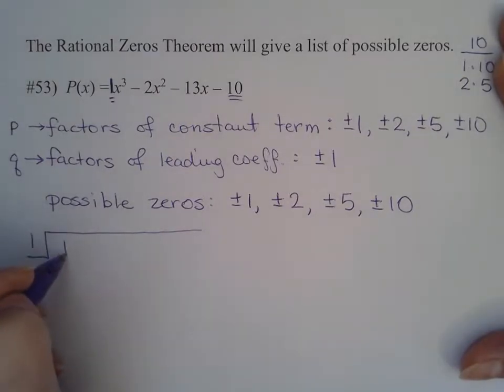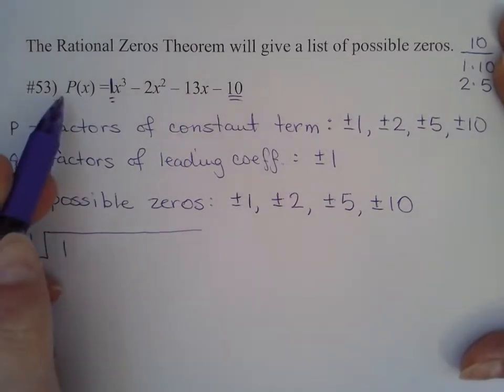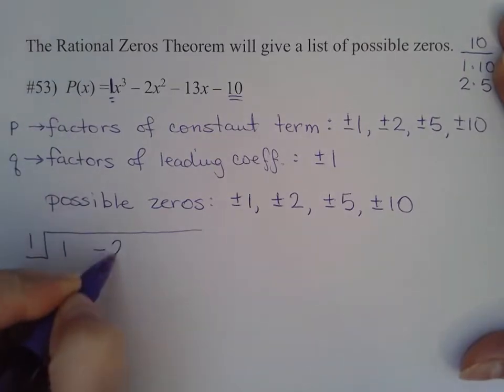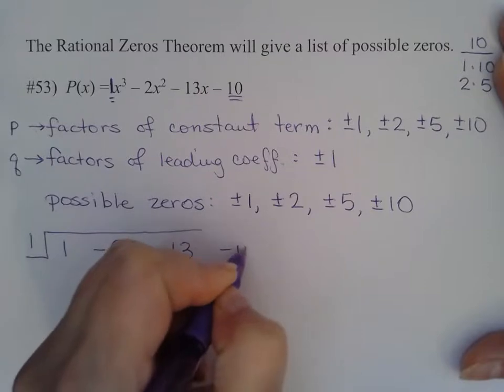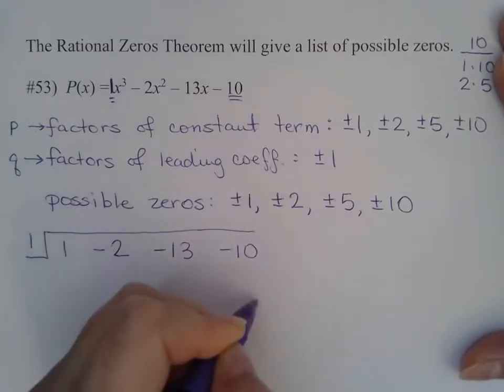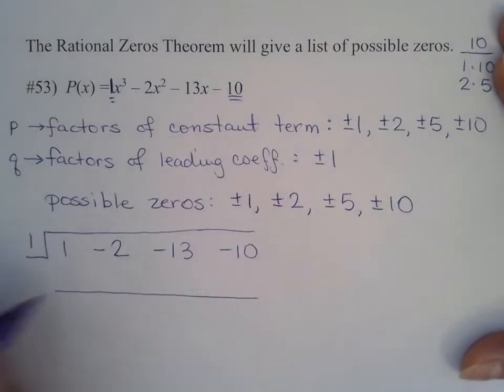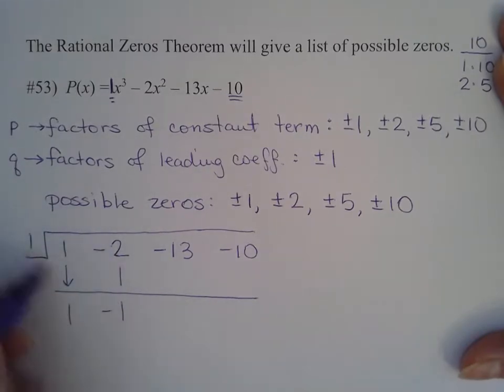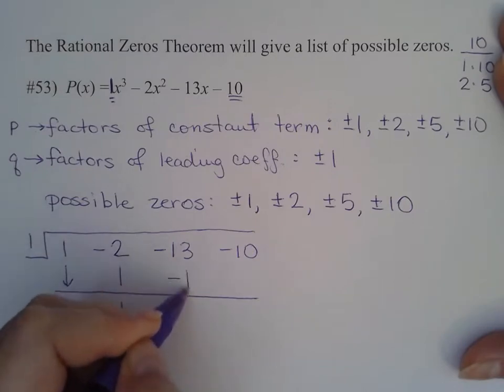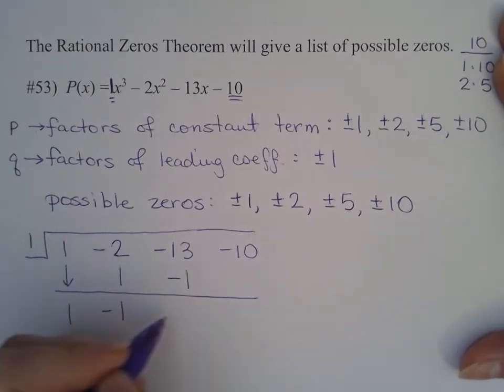The coefficients for our polynomial are 1, -2, -13, and -10. So I'm going to do the synthetic division: bring down the 1, multiply, and then add down. Multiply, and then add down.